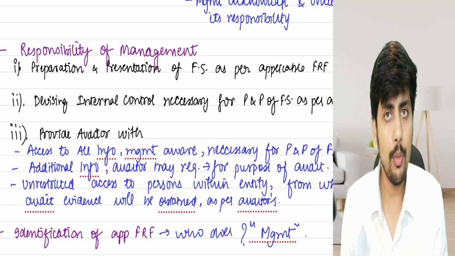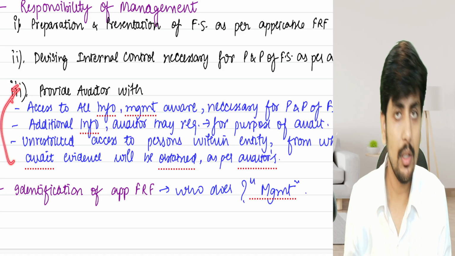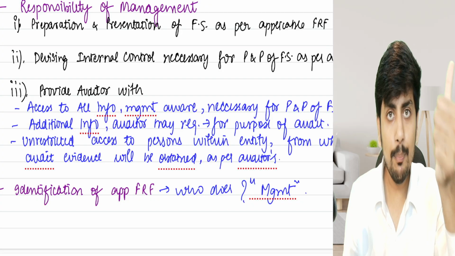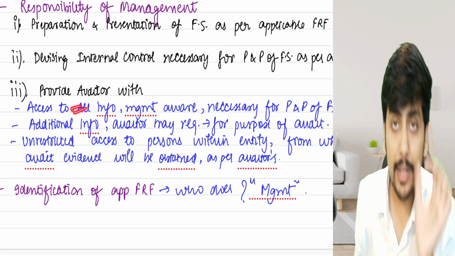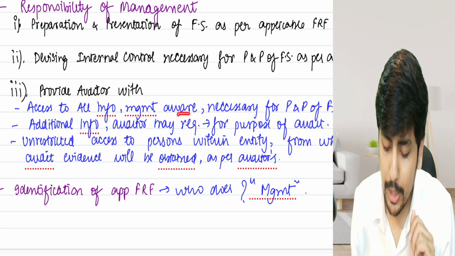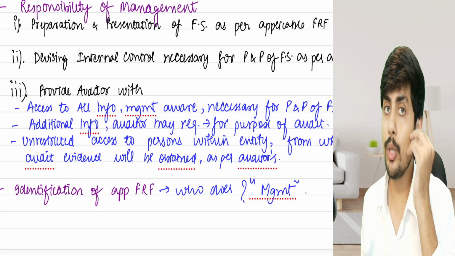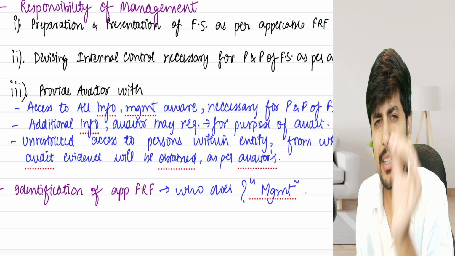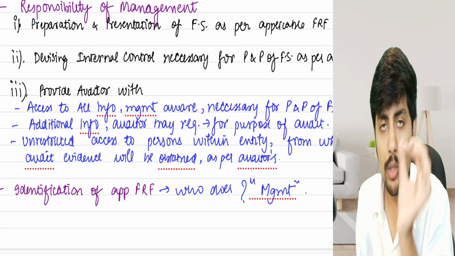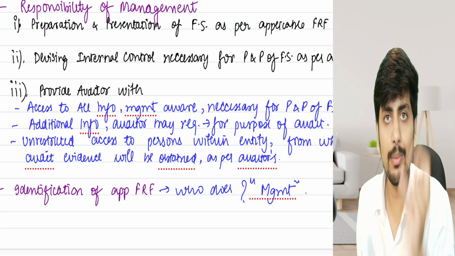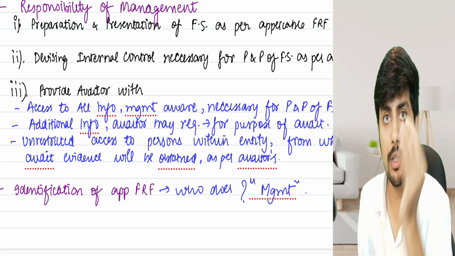These 2 points are very straightforward. Then the third point has 3 subpoints. First, provide the auditor with access to all information management is aware of that is necessary for preparation and presentation of financial statements. Second, the auditor may require some additional information for the purpose of audit; you need to give it.